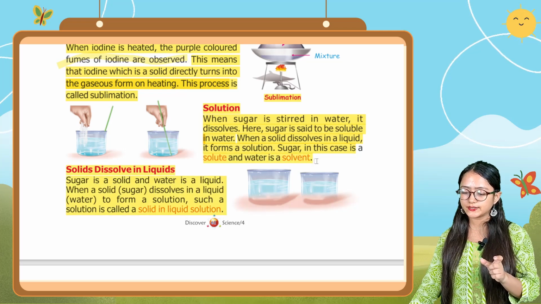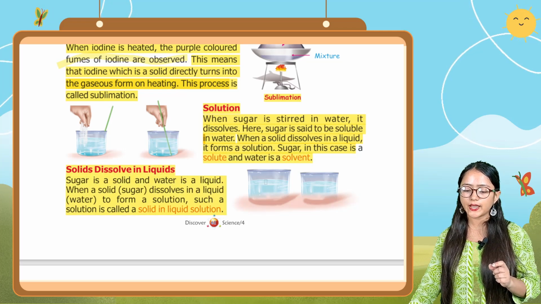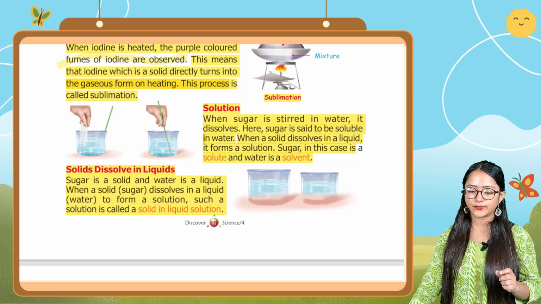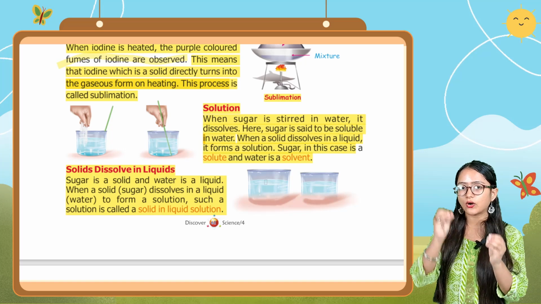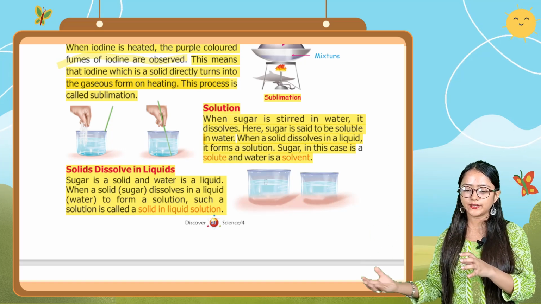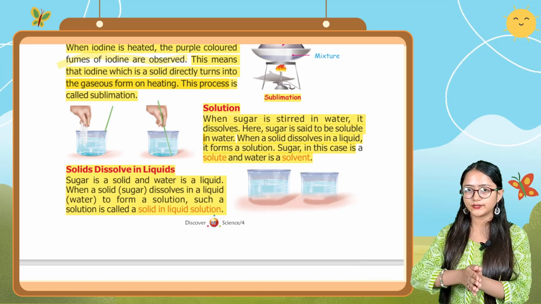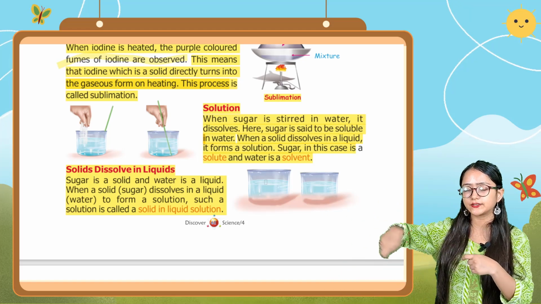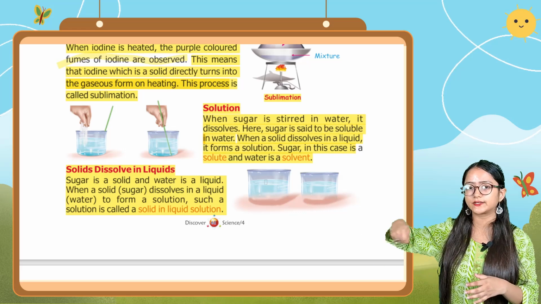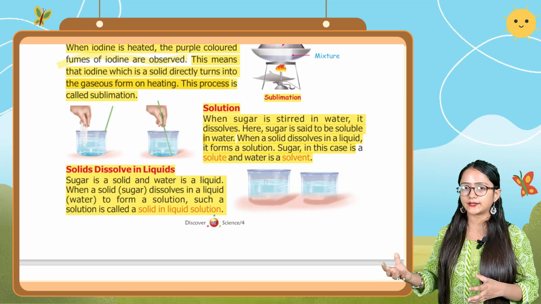Sugar in this case is a solute and water is a solvent. So in this solution, the solid turns directly into the liquid form. The solid is dissolving itself in the liquid. That is known as a solution.